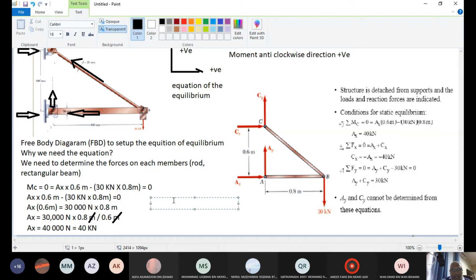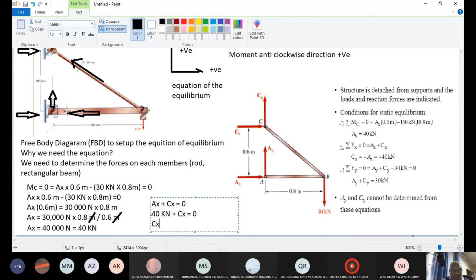Force along the X direction, we have Ax plus Cx equals 0 earlier. So we know now Ax is 40 kilonewton plus Cx equals 0.